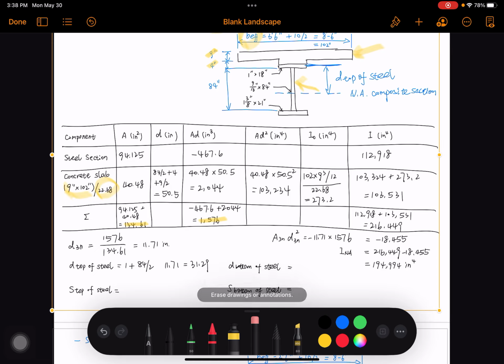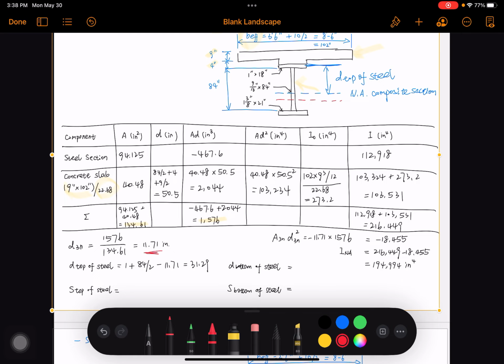Now here we need to minus that, because now the D3n is positive.